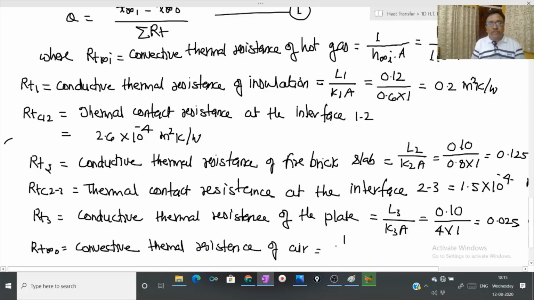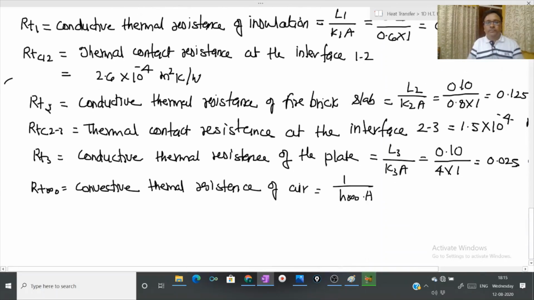And it can be given as 1 over H infinity O into A. So I can calculate it as 1 over the value of H infinity O is 15 into 1.